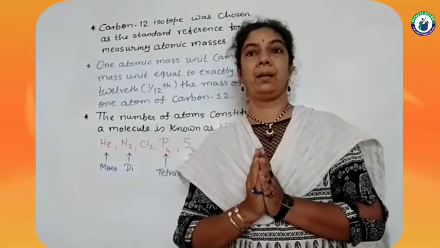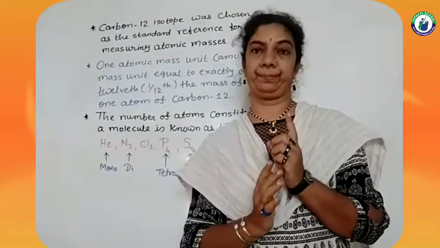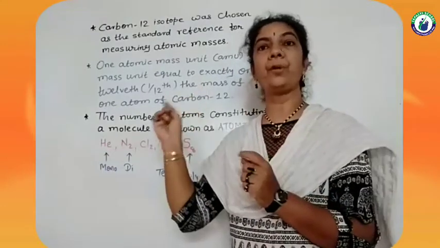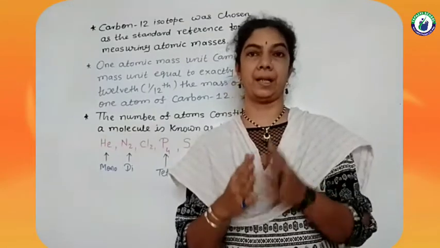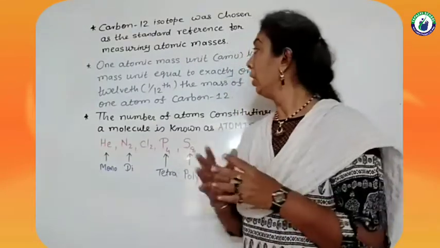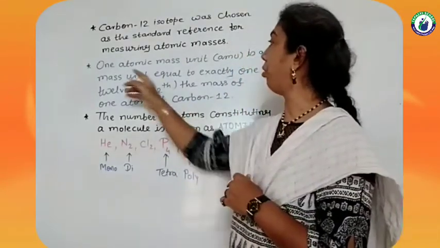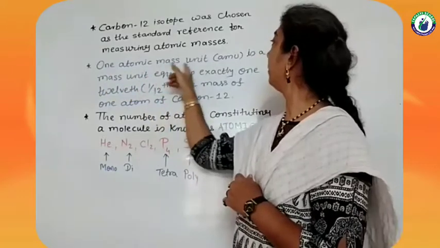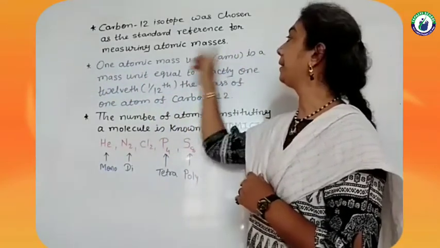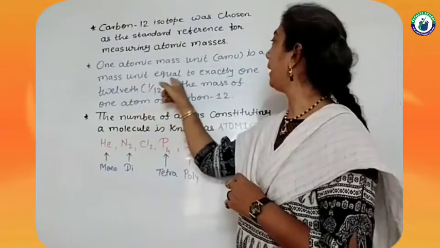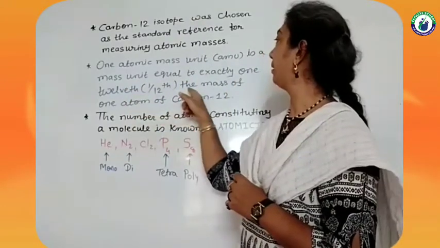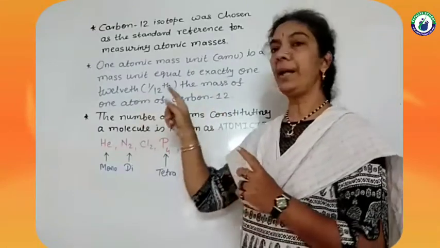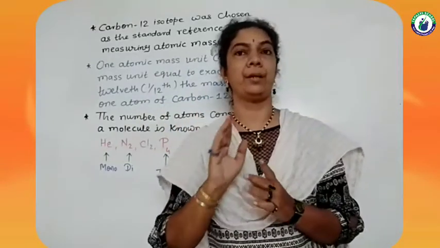One atom of carbon-12 is taken as the standard. So one atomic mass unit is a mass unit equal to exactly 1/12 the mass of one atom of carbon-12.